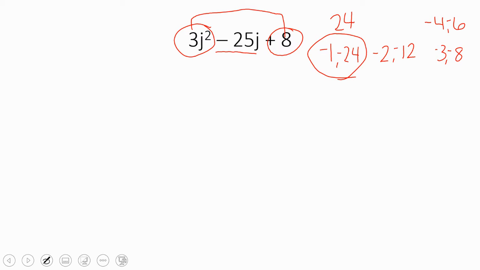They multiply to give me positive 24, but they add to give me negative 25. I keep 3j squared, and I keep plus 8. I break that term up into two terms. So I'm going to break it up into negative 24j and negative 1j.